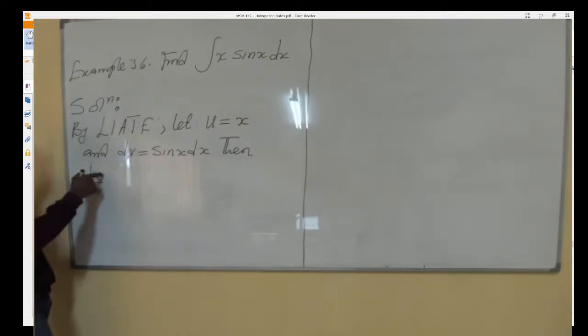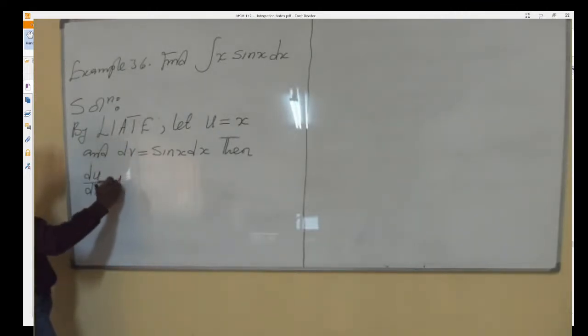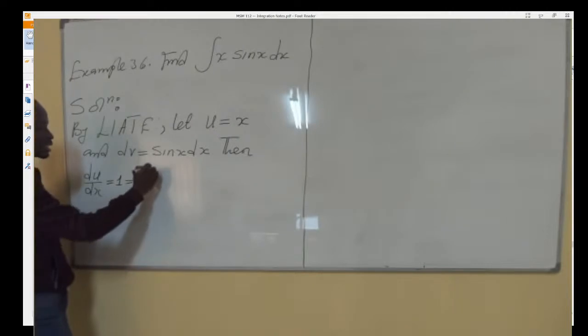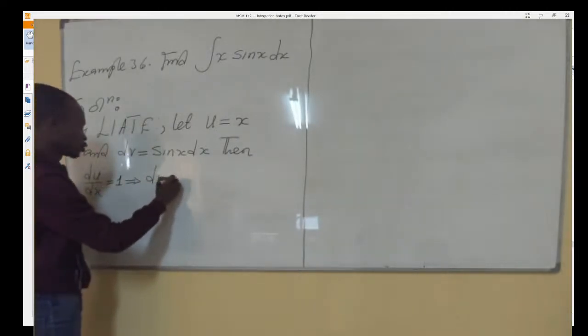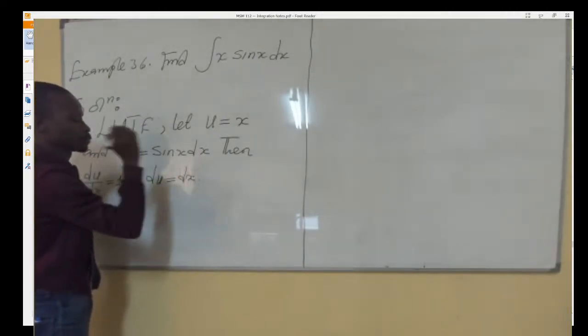The derivative of u with respect to x, du dx, is 1, isn't it? When we simplify this, it is the same as du equal to dx.